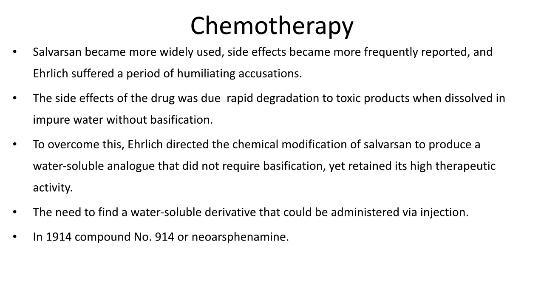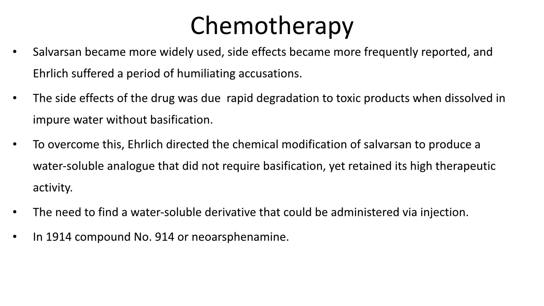As reported by Ehrlich, Salvarsan was a cure for syphilis, and thus the use of Salvarsan increased worldwide. And when the use increased, there were frequent reports of side effects caused because of the use of Salvarsan. People started humiliating and accusing Ehrlich for his derivative, that is Salvarsan.